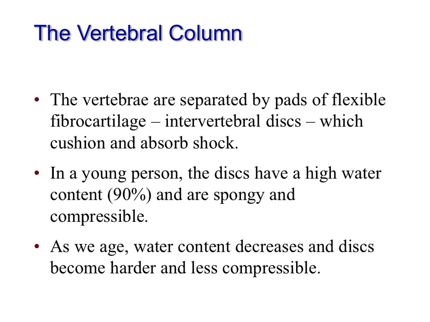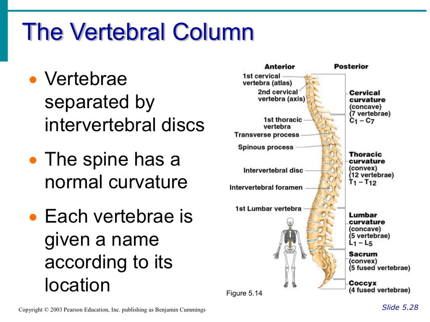The reason you get shorter as you get old is because the water content decreases, and so the discs shrink a little bit. But your discs are 90% water until you get old. Okay, next slide.